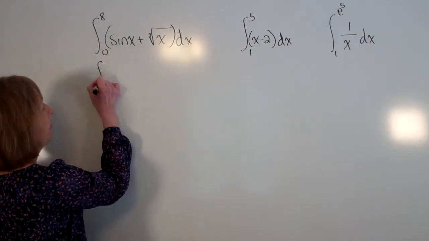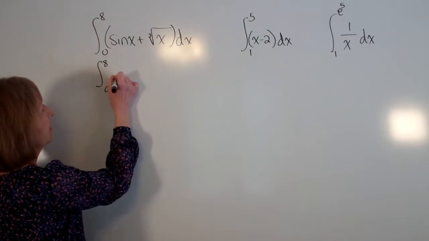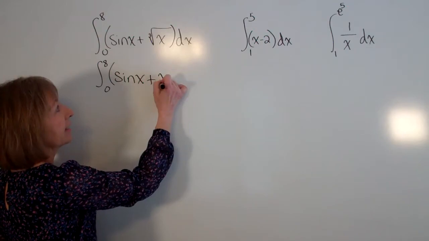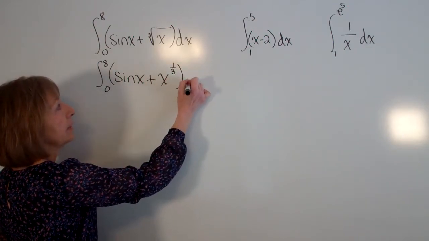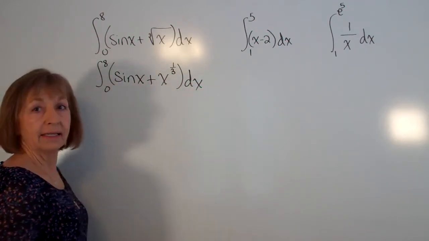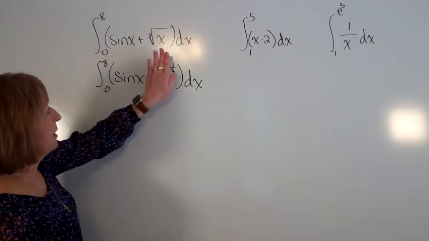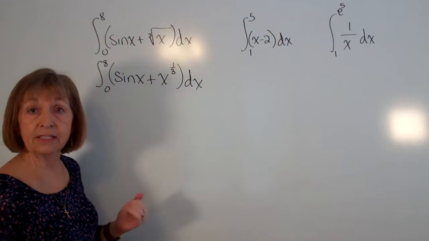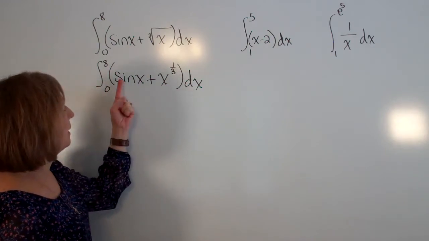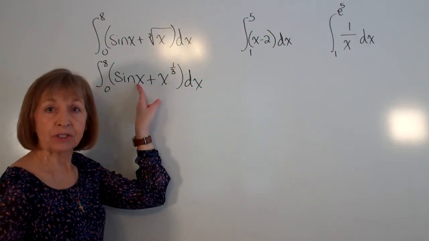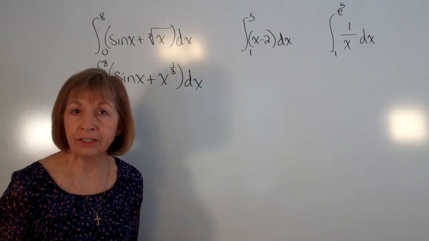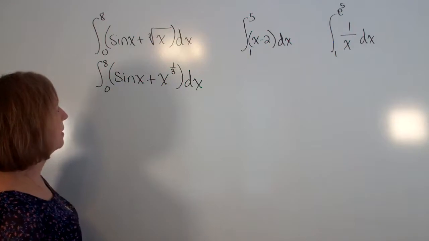So this is the definite integral from 0 to 8 of sine x plus x to the 1/3 power dx. Now, I see that they're separated by plus in between, so I can think of these as term by term. Each of these are acting on an expression whose derivative is just 1, so I don't have any u-substitutions for these.